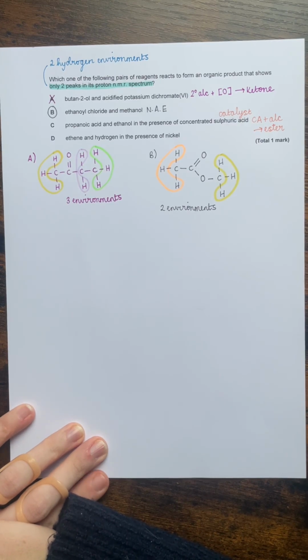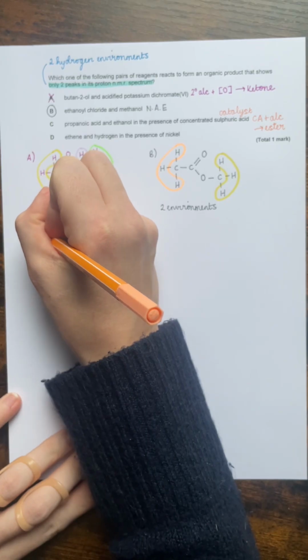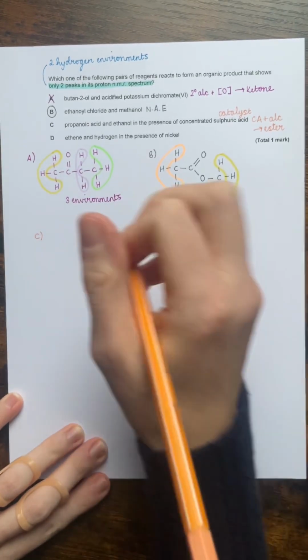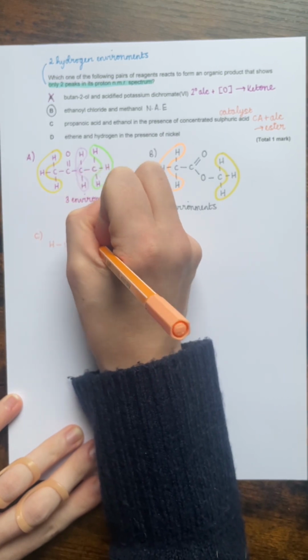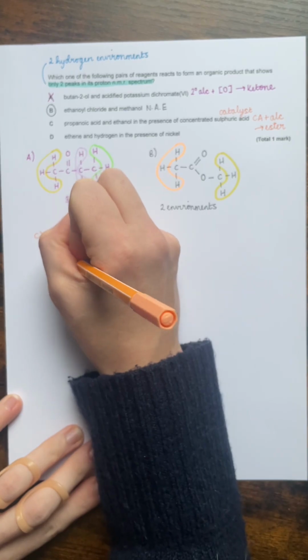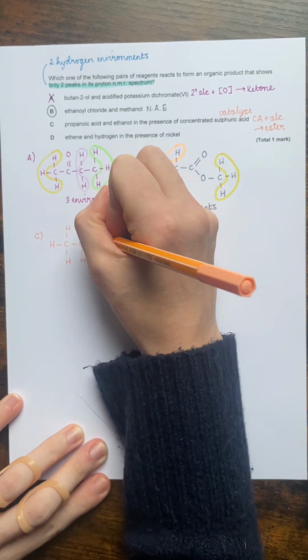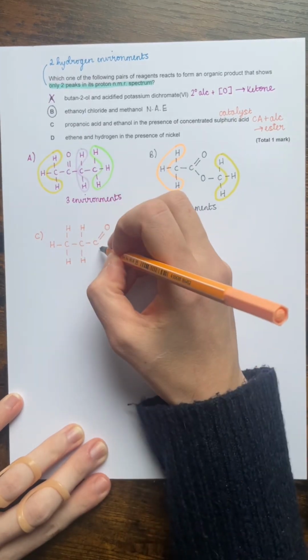So when we make an ester, it's the carboxylic acid that kind of comes first. So we've got propanoic, so 1, 2, 3. The C double bond O of the original carboxylic acid stays, but then the OH of the propanoic acid comes off.